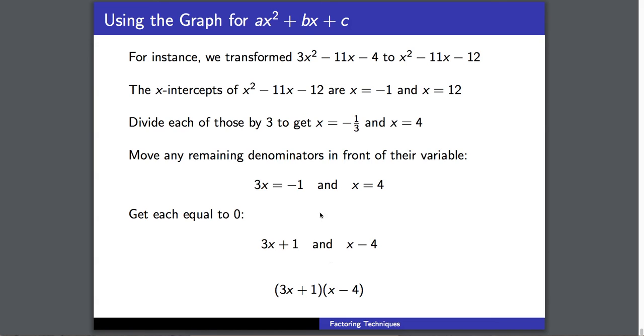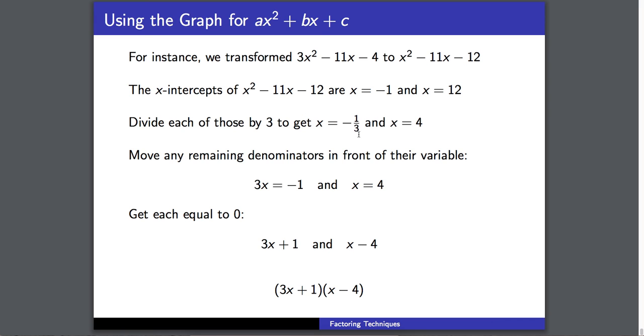So to reiterate, transform it just like we did in the last tutorial video, and then take the answers that you got and divide them by whatever this value of a is in front of the x squared. In this case, it was 3. So we get negative 1/3, and 12 divided by 3 is 4. And if you recall in the last video, any fractions we had remaining, we moved that denominator in front of our variables.